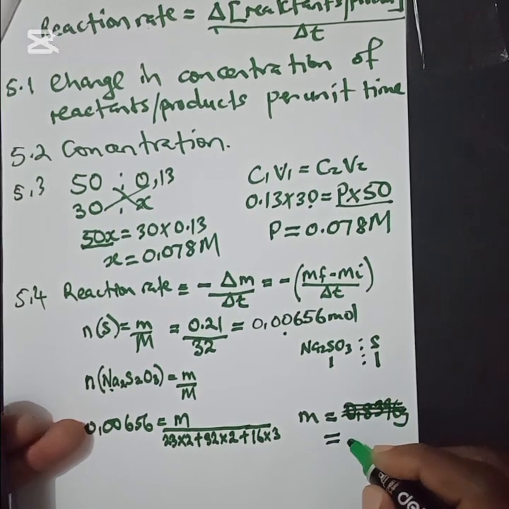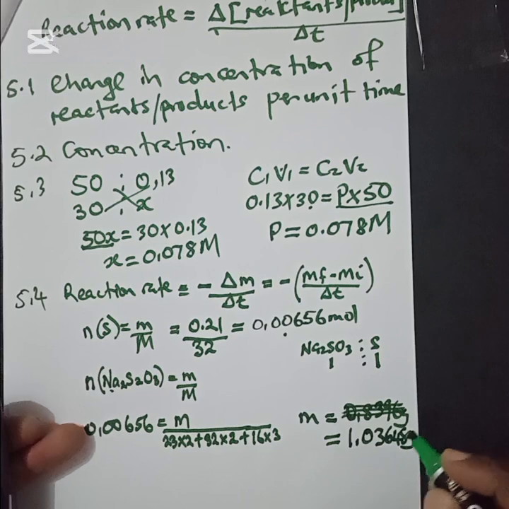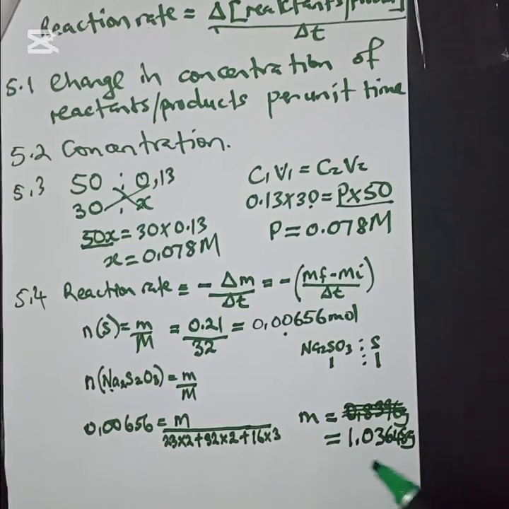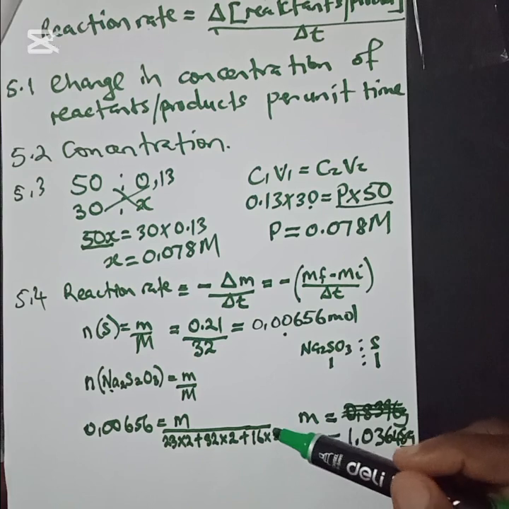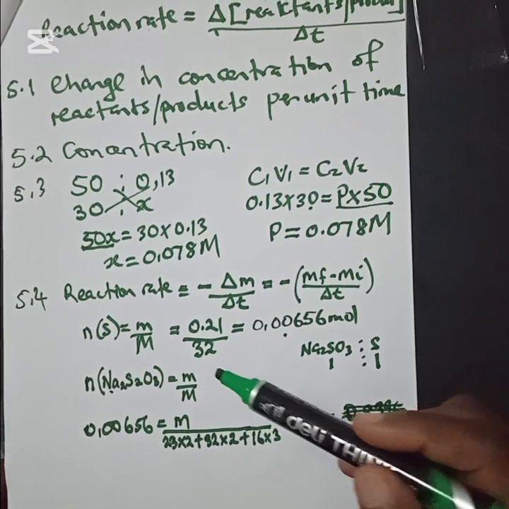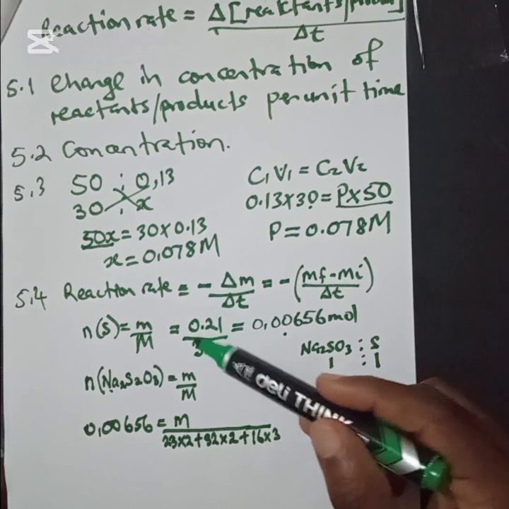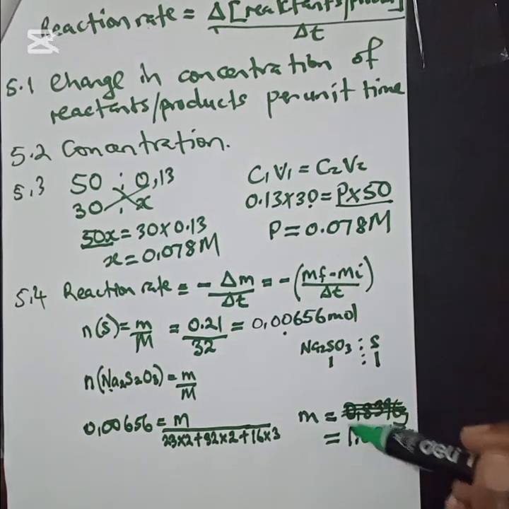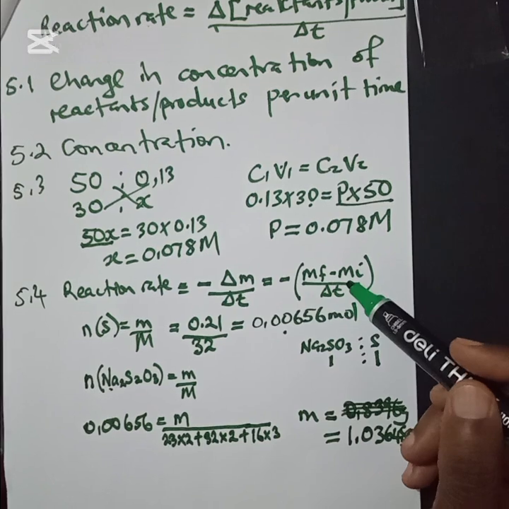So this simplifies to 1.03648 grams. This is the mass of sodium thiosulfate that produces the 0.21 grams of sulfur. That will be the initial mass available.